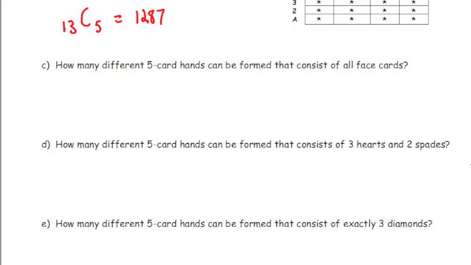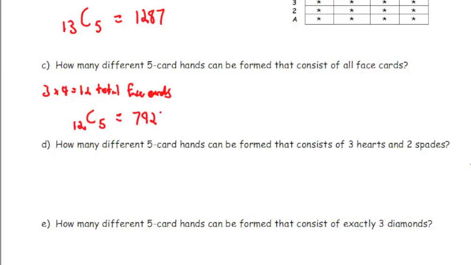Now, how many different 5-card hands can be formed that consist of all face cards? Just gut instinct should tell you that it's a whole lot lower than the number of hearts, because now we have 3 face cards in 4 suits, which equals 12 total face cards, right?